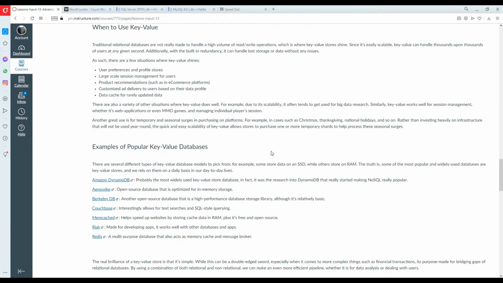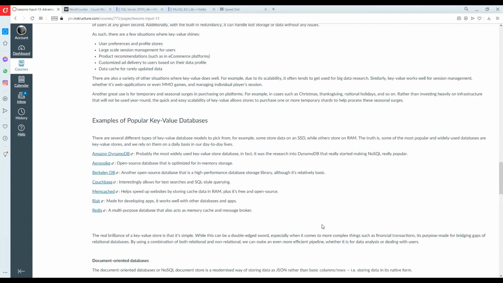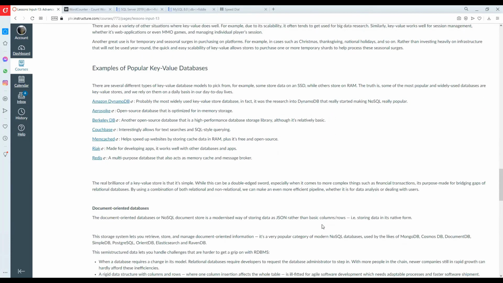For example, during holidays such as Christmas, Thanksgiving, and so on, rather than investing heavily in infrastructure that will not be used year round. The quick and easy scalability of key value allows stores to purchase one or more temporary shards to help process these seasonal surges.